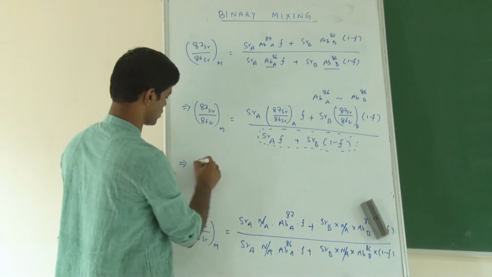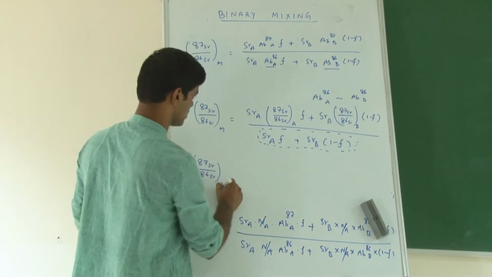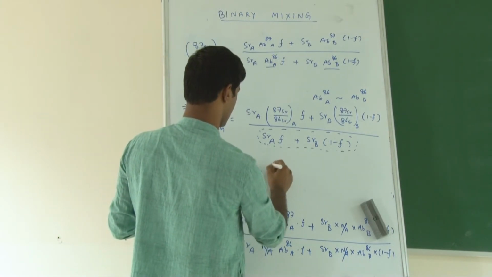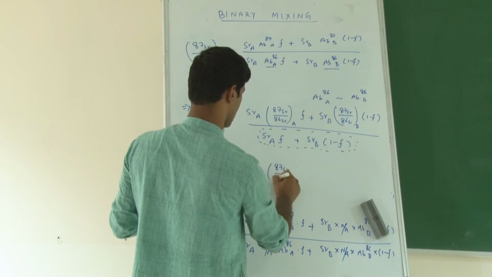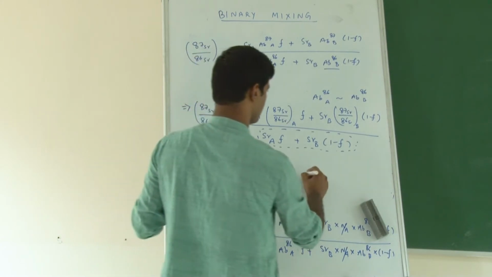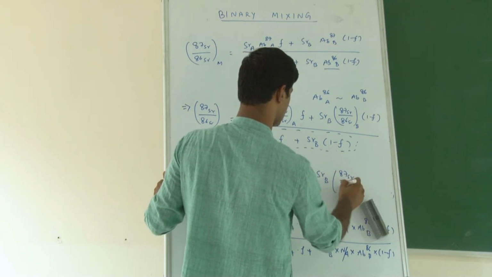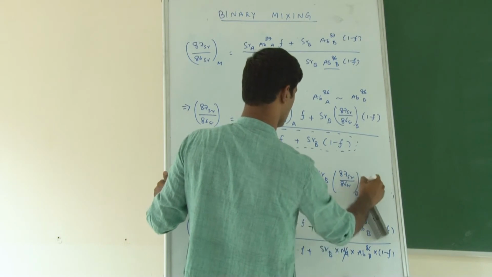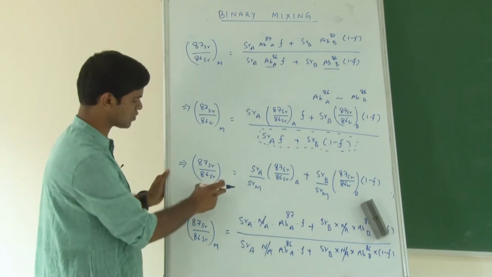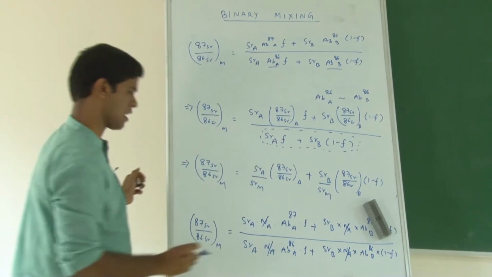So, this 87 strontium by 86 strontium in the mixture is equal to strontium A, 87 strontium by 86 strontium A, divided by strontium M, plus strontium B, 87 strontium by 86 strontium B, into 1 minus F. So, this is actually, if you see 87 strontium divided by strontium M, it is in a hyperbolic form, right.